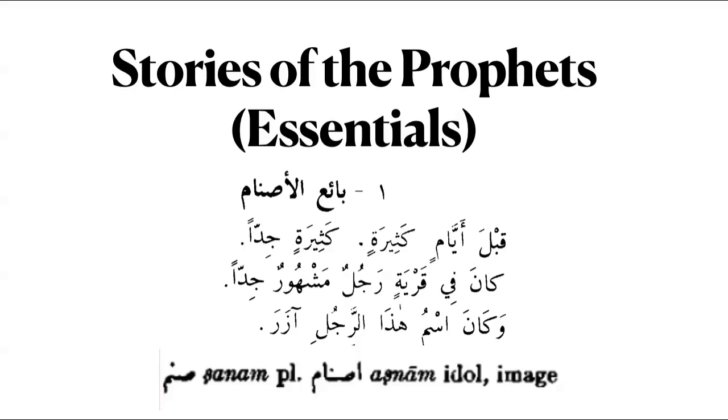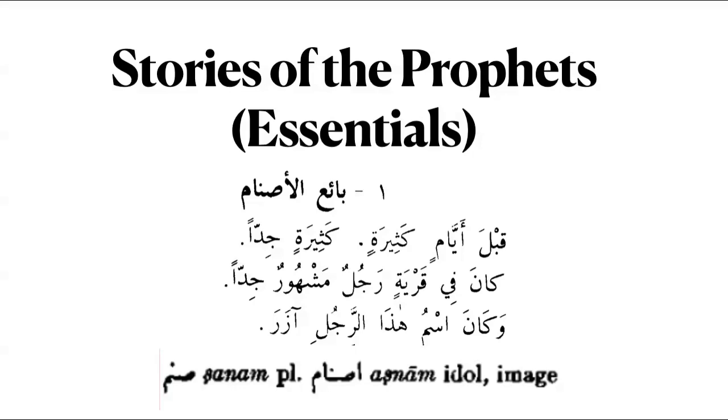So we have this heading, Ba'i' al-Asnam. You may or may not know what Ba'i' means. Ba'i' means seller. This is an irregular root. Baya'a becomes Ba'i'. It's an ismul fa'il for ba'a yabi'u. Al-Asnam. Let's say you've never seen that word al-Asnam. Well, let's look up the root.